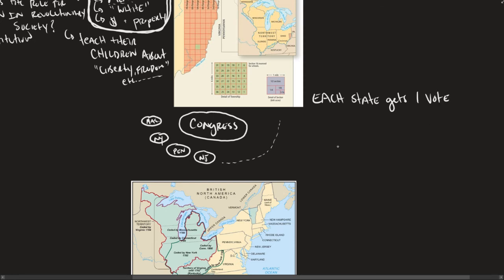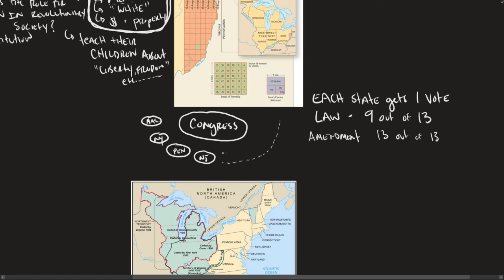All right, so that's the rules. In order to pass a law, 9 out of 13 need to vote yes, so that is over 50%. In order to provide an amendment, 13 out of 13. All right, does that make sense?